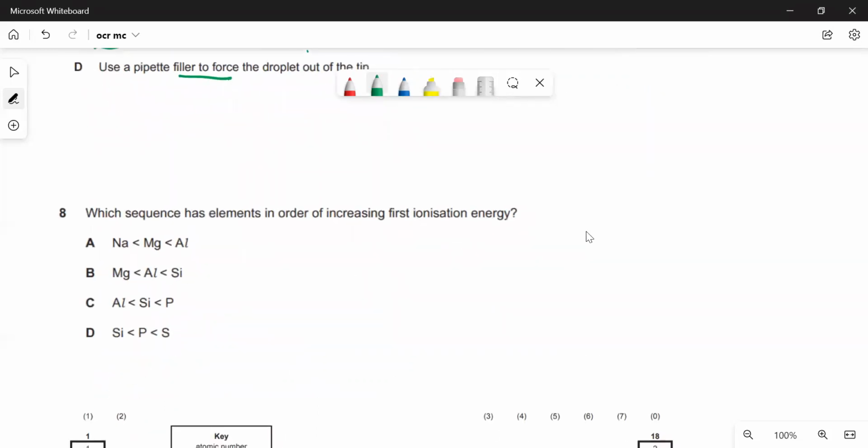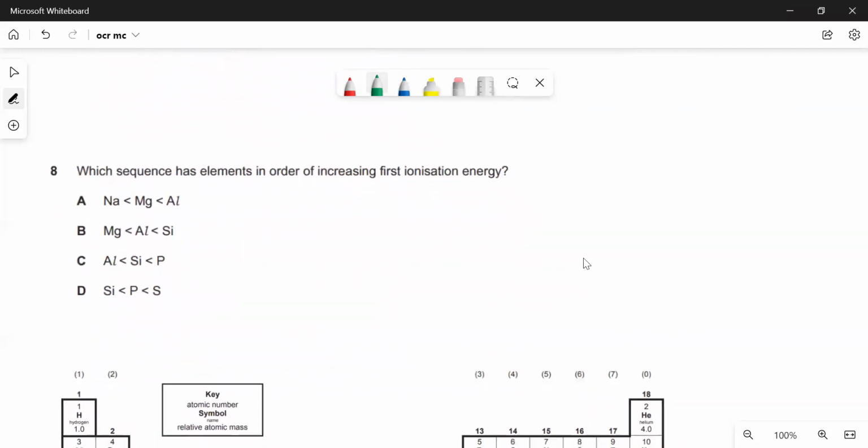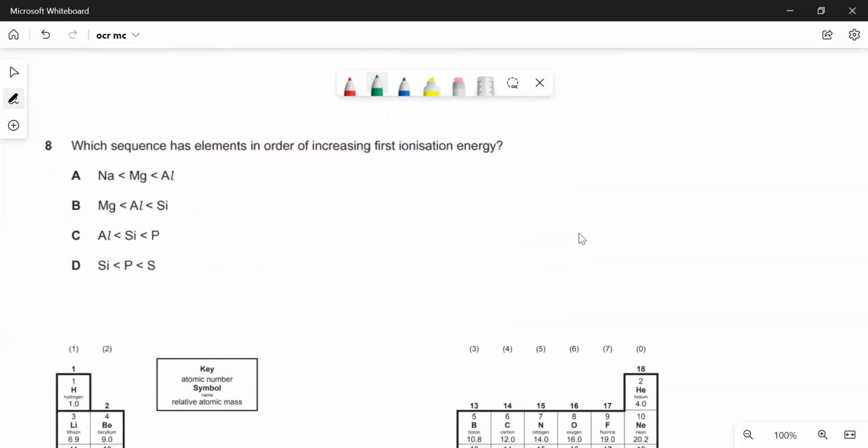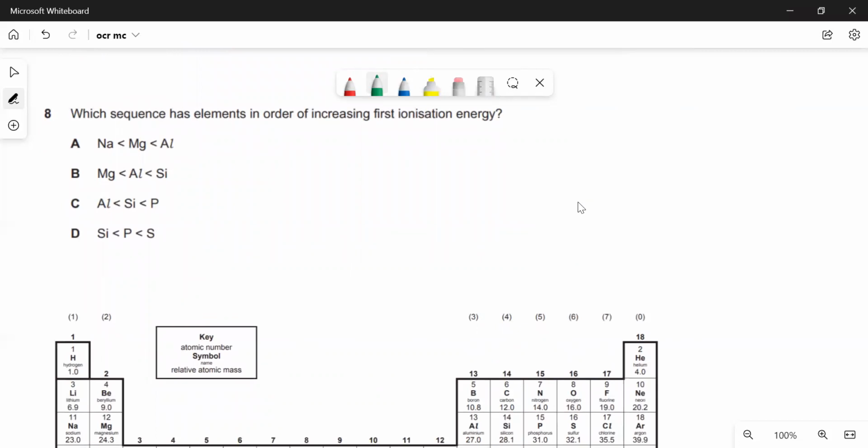Right, ionization energies. Which sequence of elements has order of increasing first ionization energy? Now, we're looking across period 3 there, aren't we? You can see we've got sodium, magnesium, aluminium, silicon, phosphorus, and so on. Now if you remember your little pattern, draw a little graph for it.